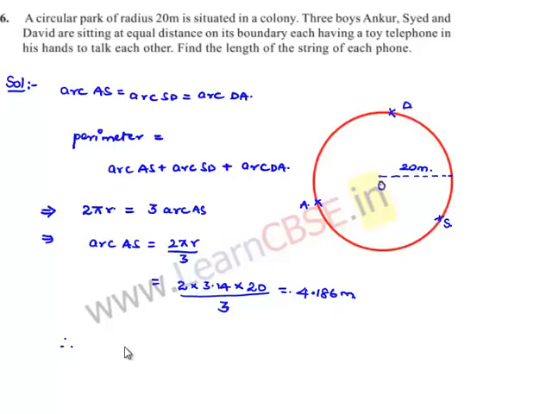Therefore the length of each string is equal to the length of arc formed by one of the telephone connections between two of them, that is AS or SD or AD, which are all equal, that is 41.86 meters.